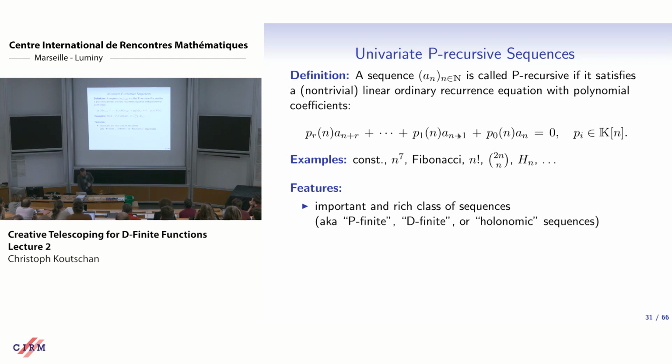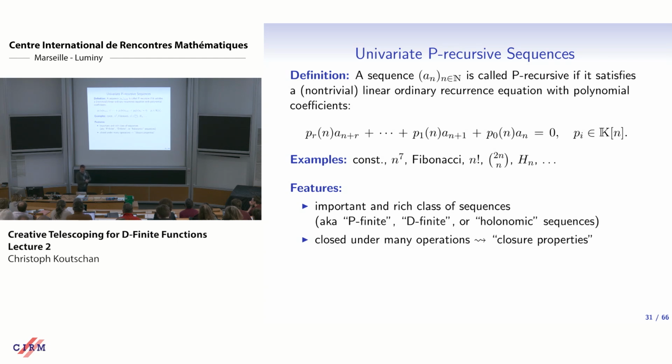While D-finite referred to the fact that it's differentiably finite, if you differentiate it, you end up in a finite dimensional vector space, the name p-recursive refers to the polynomial coefficients. So this is not really nice, but this is how it has historically grown. Anyway, I will not insist on this name, and in the future only talk about D-finite and mean everything.